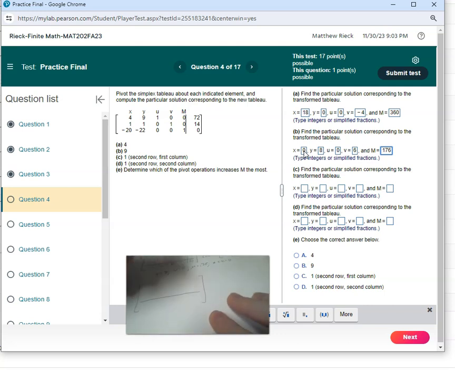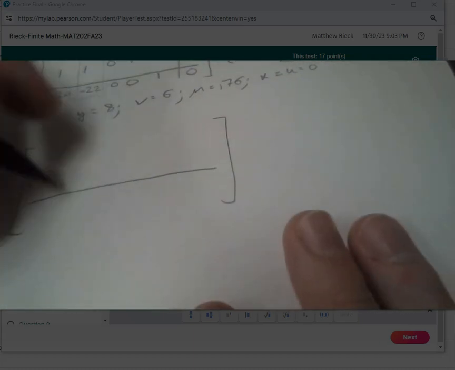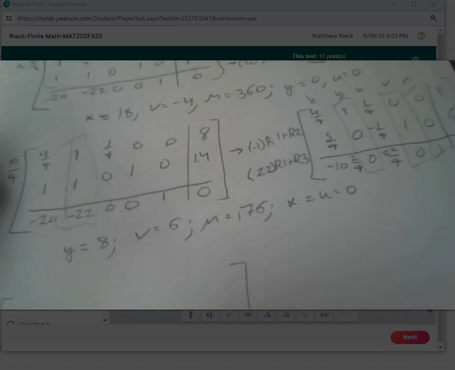All right. So in this case, the next one is we want to pivot about the 1 in the second row, first column. So we're pivoting about this element here. We don't need to divide by anything because it's already 1.